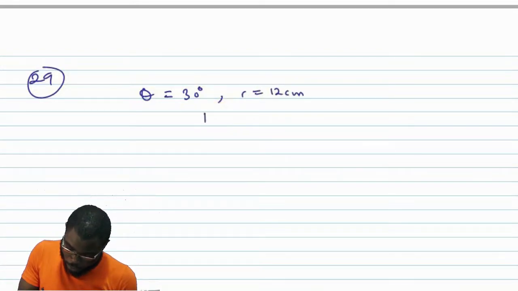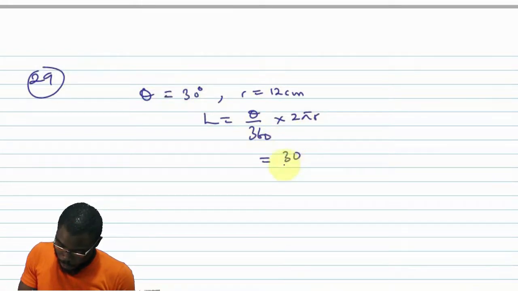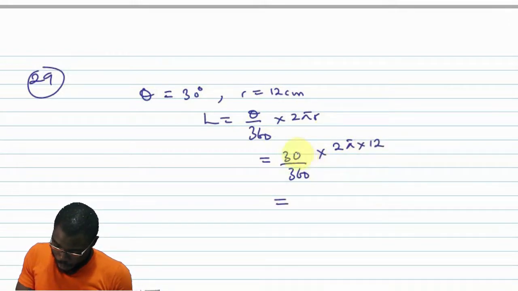You know that the length of an arc is theta over 360 times 2 pi r. So this equals 30 over 360 times 2 pi times 12 centimeters. 3 goes into 36 how many times? 12 times, right?